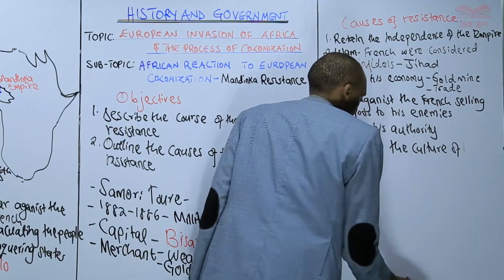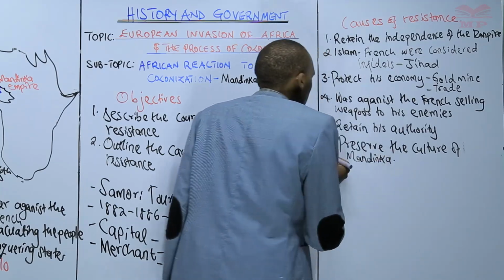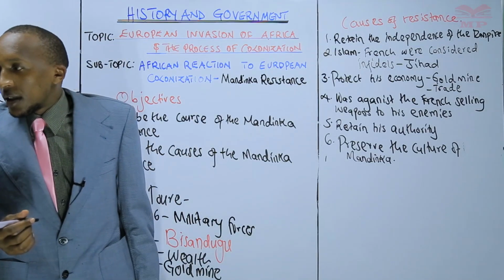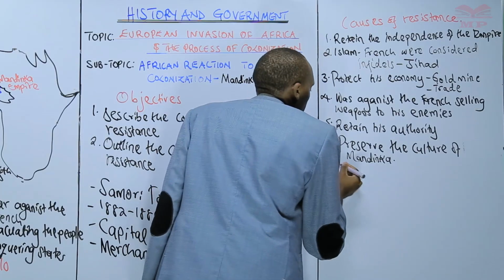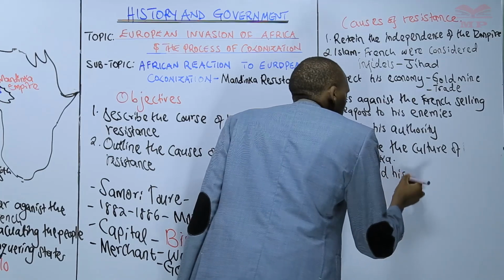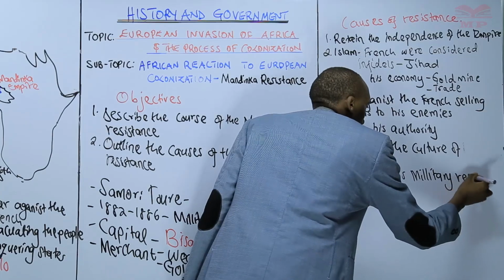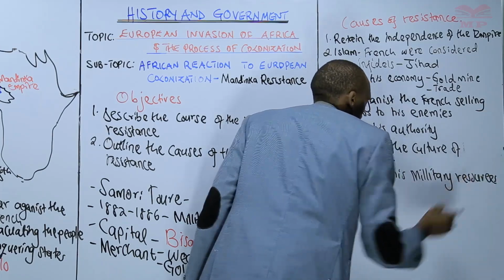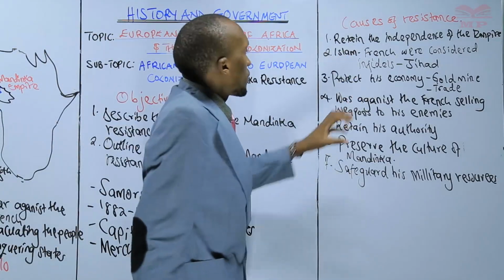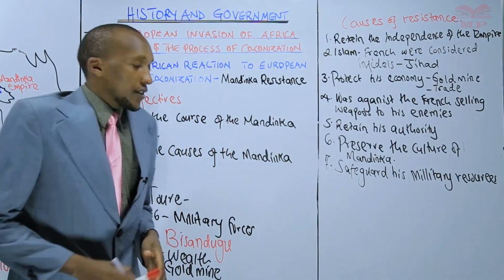And then lastly, my dear learner, he wanted to safeguard his military resources. He wanted to safeguard his military resources. So these are the core reasons that made Samori Toure to resist the French invasion of his land.